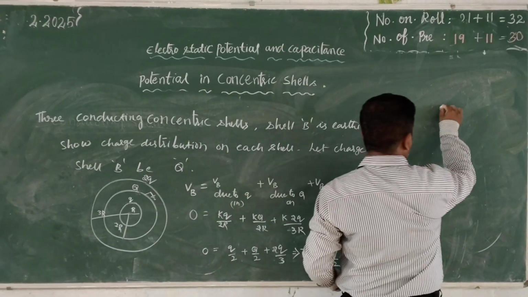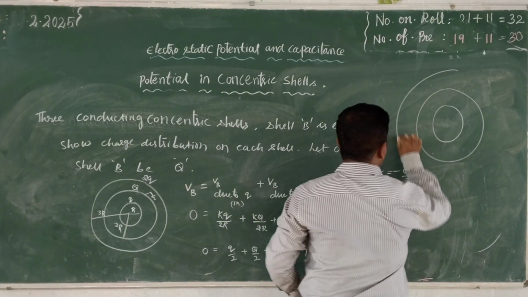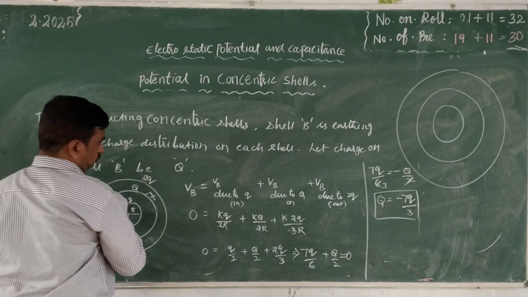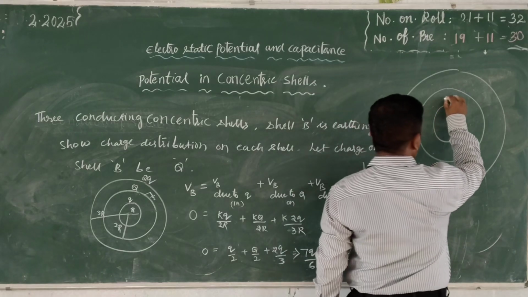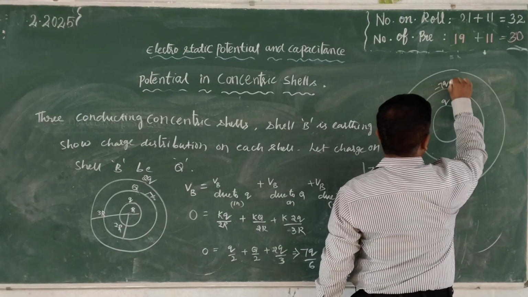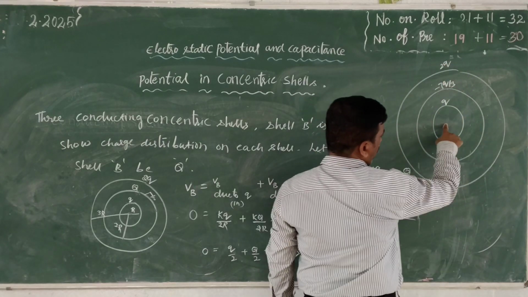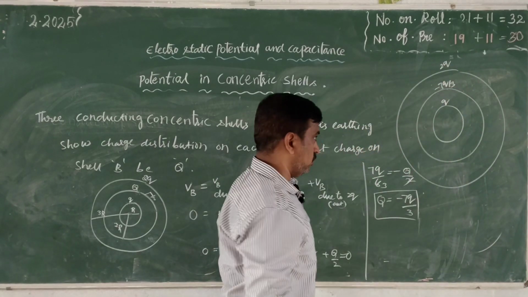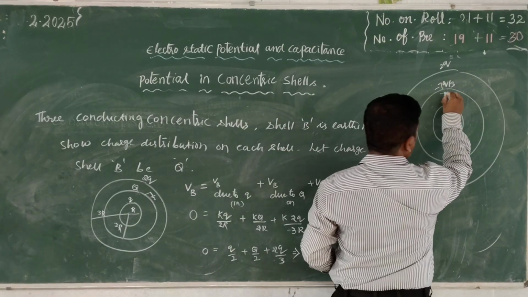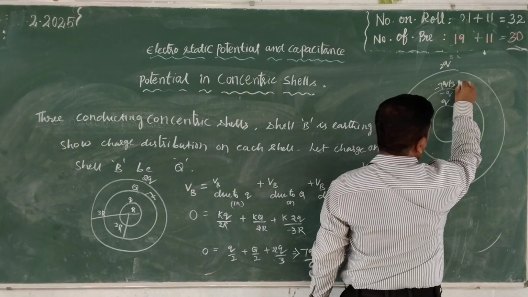See, it is the first one, second one, and third one. I write now one by one. First one, charge q is there. Second one, minus 7q by 3. Third one, 2q. Inside the first shell there is no charge. Here minus q we can write, so minus q means here plus q we can add.